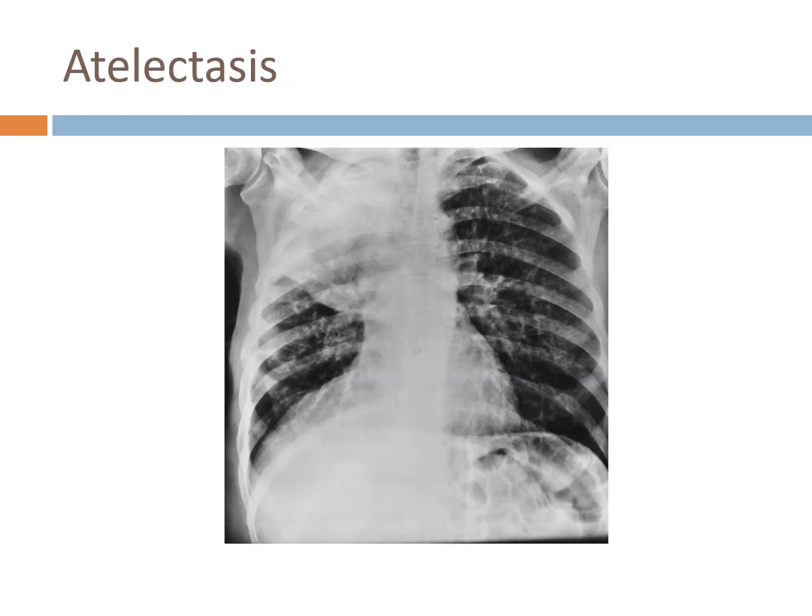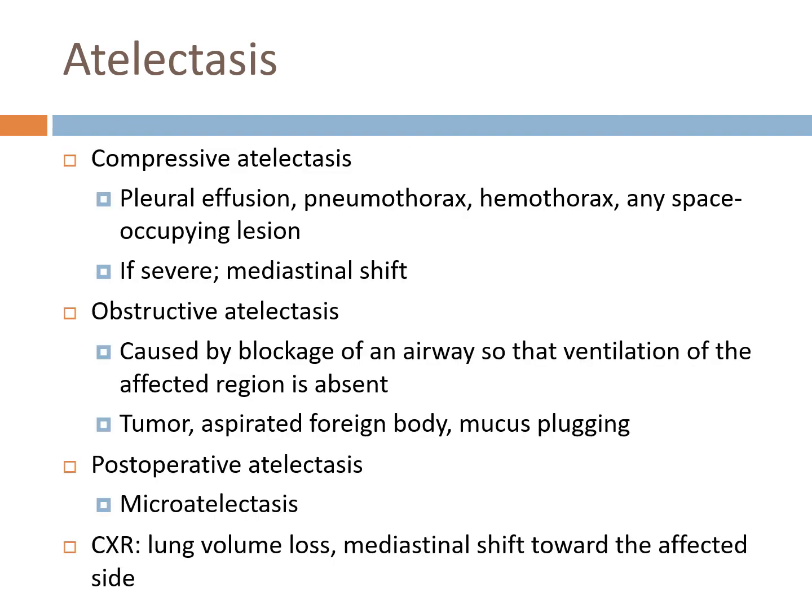Okay, so make sure you know air bronchograms, make sure you know silhouette sign. Atelectasis, of course, is something that we see quite a bit, caused by many different things. Compressive atelectasis, so you have a pleural effusion or a pneumothorax or hemothorax, any space occupying lesion that actually kind of squishes down the lung tissue.